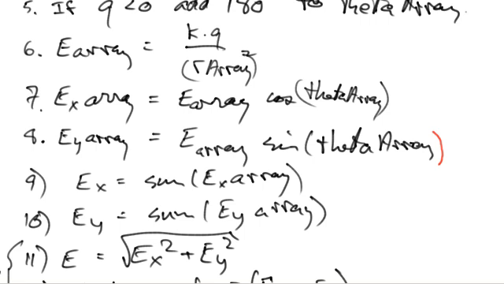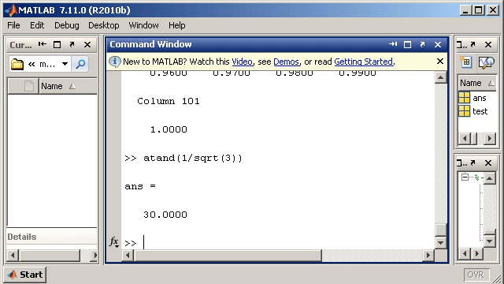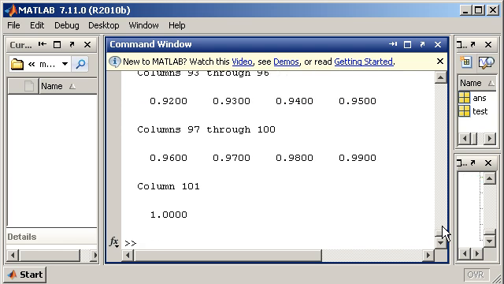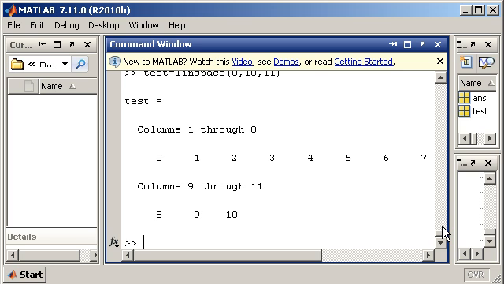And then EX is the sum of that. I want to play around with that. What was my test? Does that still exist? And now it's 100 of them. So, test. I think I can just do that.